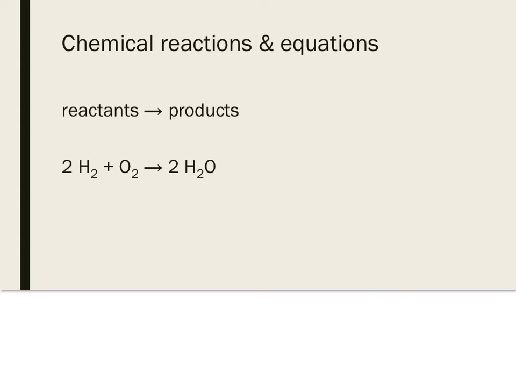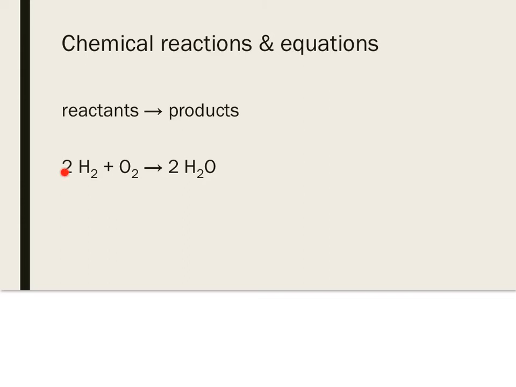Subscripts, or the small numbers that follow particular elements. This little one down here is a subscript. They indicate how many atoms of that element are present in a substance. So this 2 down here is 2 atoms of hydrogen.